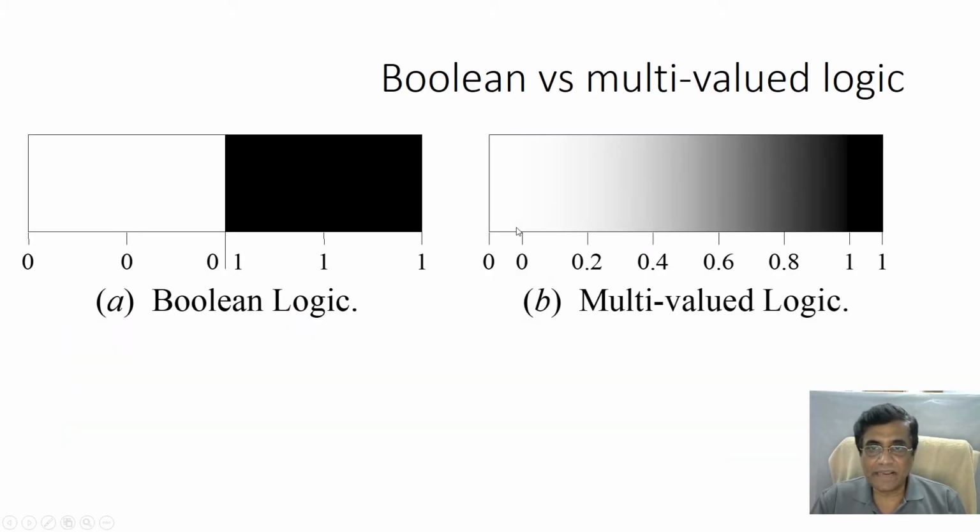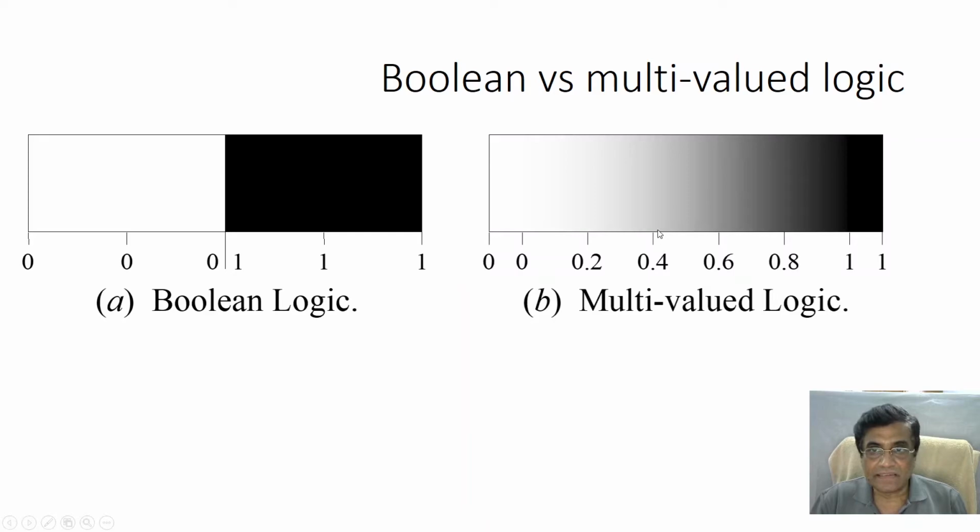Every entity, every part here, has a degree of membership. Say if it is perfectly day, the degree of membership of that particular element, the perfect day, will have the maximum membership value in the category of day. On the other hand, if it is perfectly night, this night will have the maximum membership value in the category of night.